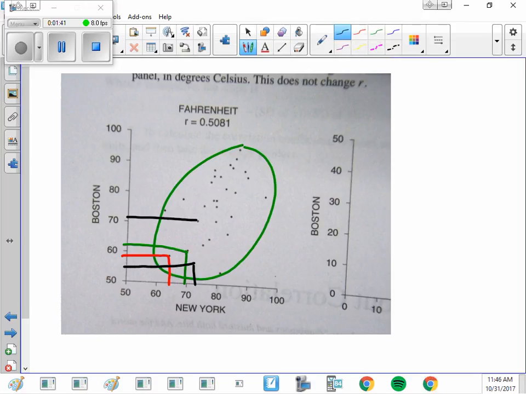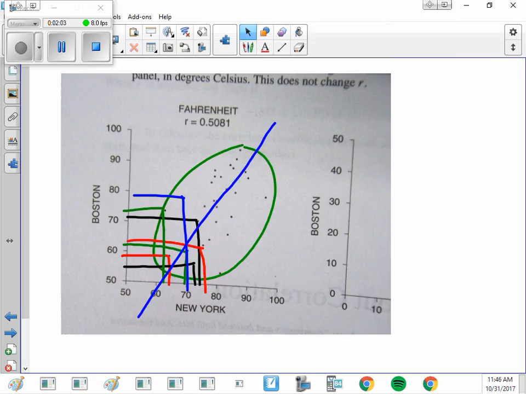How is that going to help? I'm connecting. Yeah, I'm just looking at the distances. And we would probably say that our regression line is right there. Would you agree? Maybe a little bit to the right. Right there. That would be our regression line.